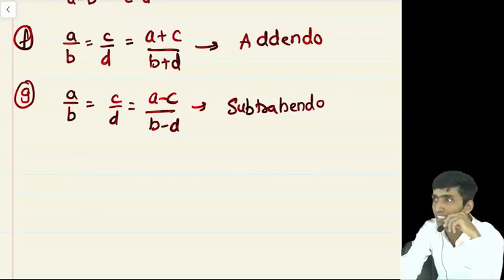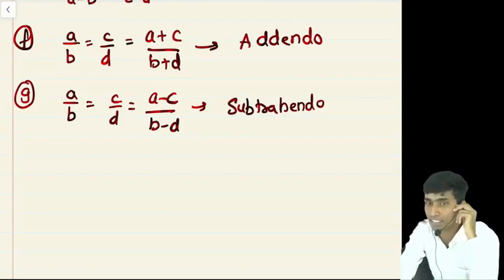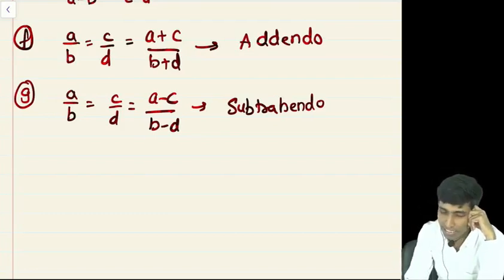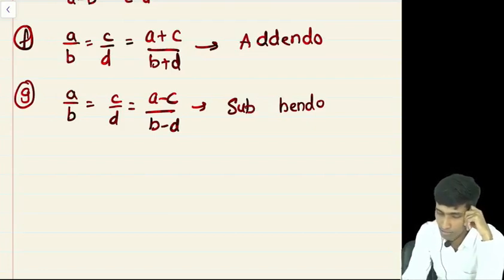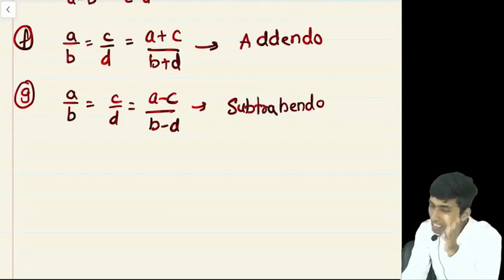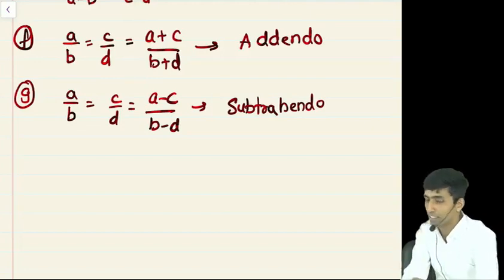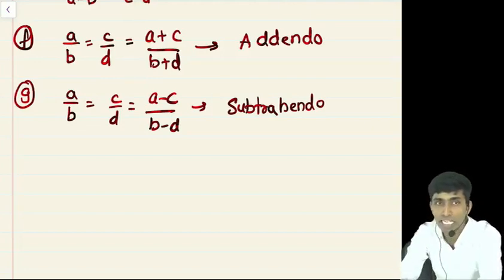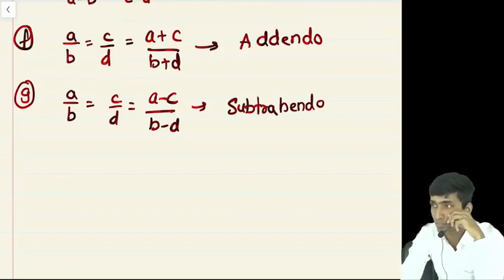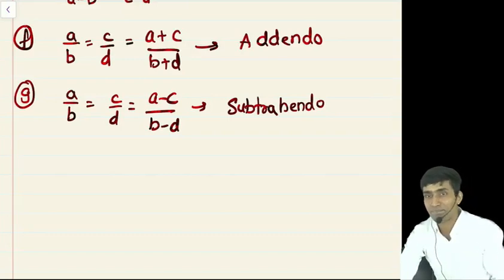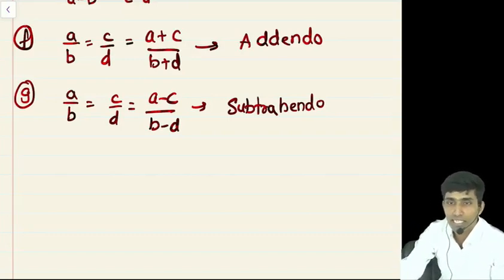Understood? Subtrahendo. H is there. Subtrahendo, hen, you know, H-E-N, hen. Done? Okay.